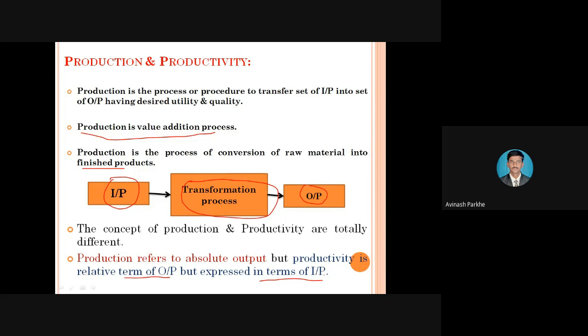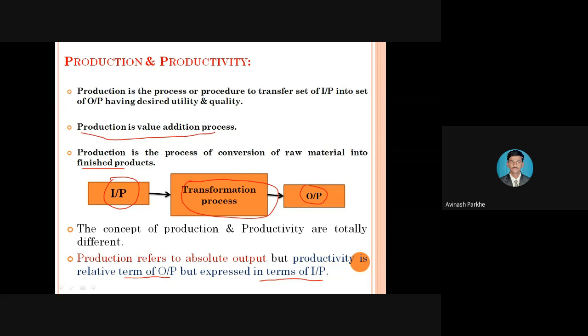But to check whether productivity increases or decreases, I have to focus on the input parameters. Sometimes, in order to increase the output, we give the maximum input, which means input also increases, and due to the increase in input, output also increases. But I cannot say that productivity keeps increasing.